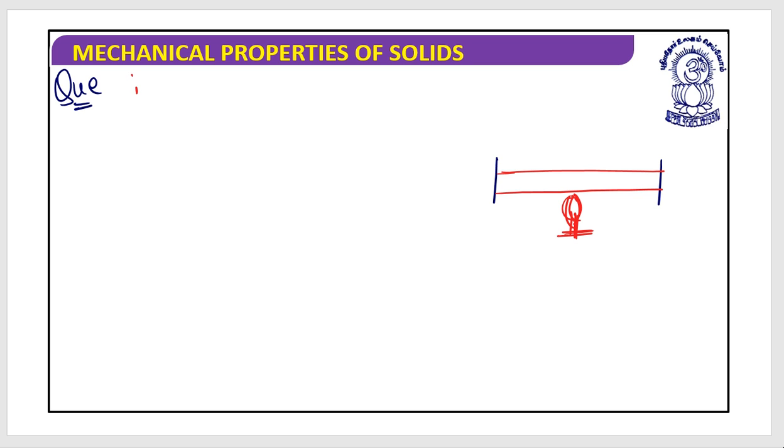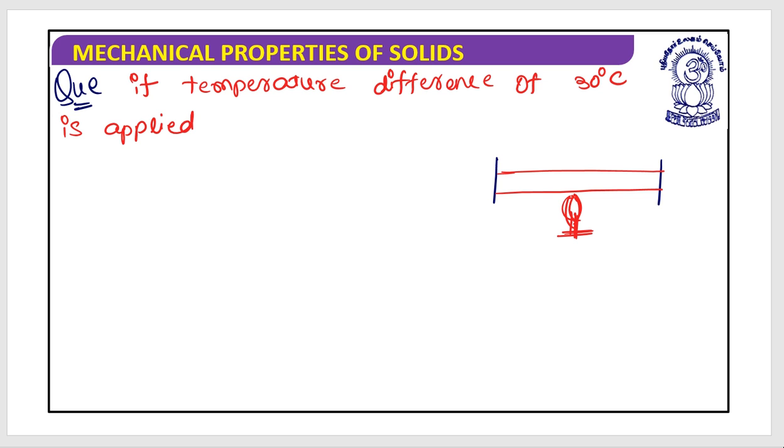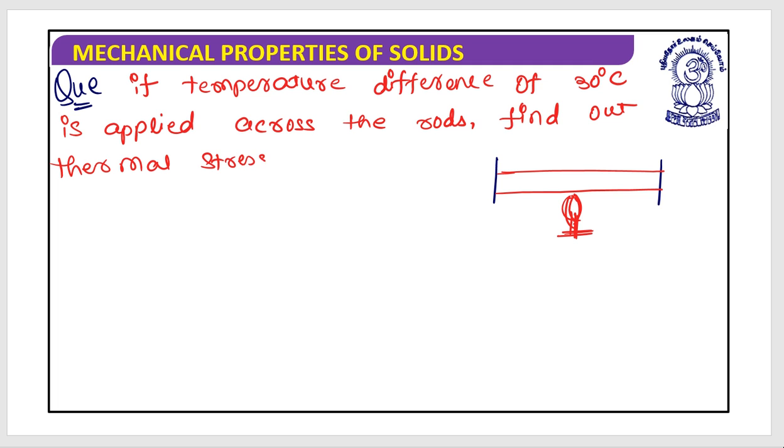If a temperature difference of 30 degrees Celsius is applied across the rod, find out the thermal stress acting on the rod.